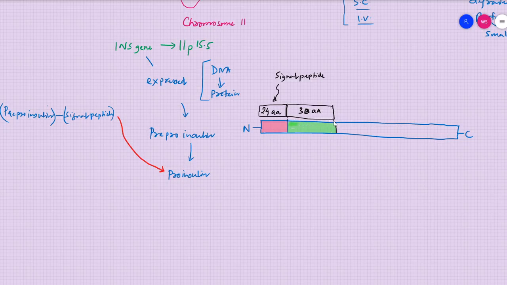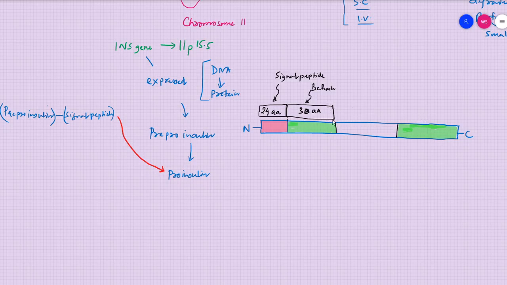At the end is where we have the A chain. Let's color it again and label it. If that is the B chain, this is the A chain.